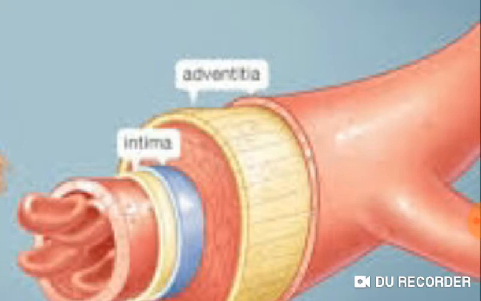Embolism is associated with onset in seconds to minutes, but thrombosis is associated with onset in hours to days. Limb involvement is 3:1 in embolism, that is the lower limb is involved 3 times more than the upper limb, but in thrombosis the lower limb is involved 10 times more than the upper limb.